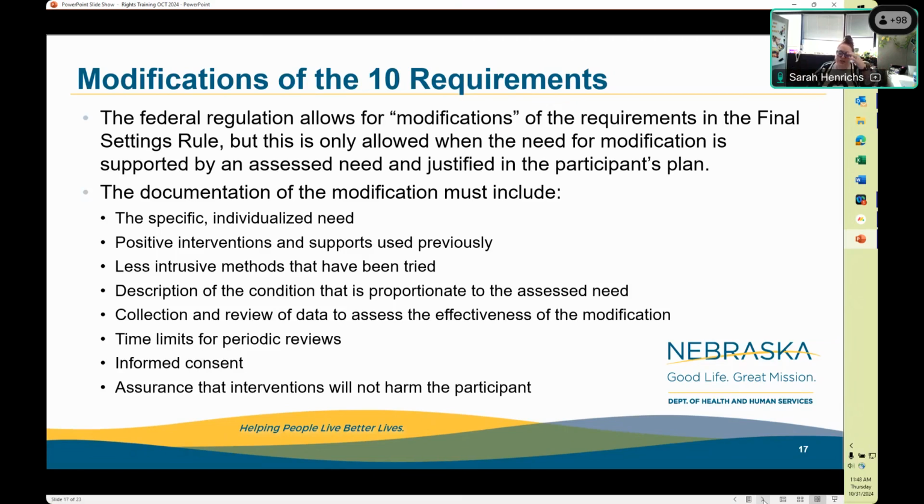During the first session this month, somebody said, I have a day provider who says that nobody at the site is allowed to use their pocket money to buy snacks or drinks from the vending machine because not everybody has pocket money for that and somebody might get mad. That's a really great example of something that is a violation of the final settings rule and cannot be put in place as a provider-wide rule or a setting specific house rule.